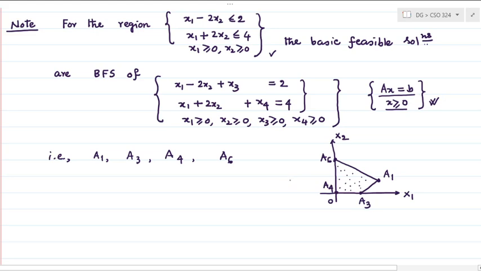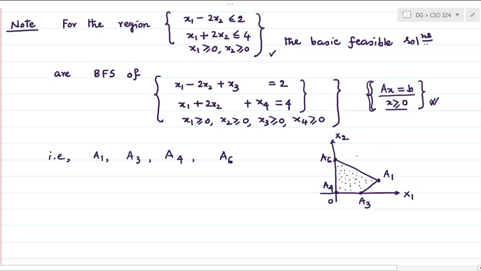And we'll now slowly move towards proving this fact, that the basic feasible solutions of this constraint set of the standard linear programming problem are precisely the vertices or the extreme points of the geometric region given by Ax equals to b and x greater than or equal to 0.